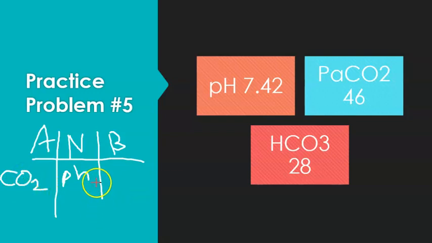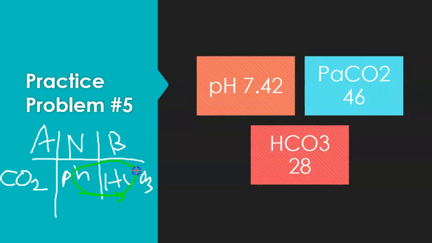And then our bicarb, or the HCO3, is 28, making it an alkalosis process. So again, because our pH is normal, we have to take a look at which side of the spectrum it falls on. And since it's above that 7.4, it pushes it over to the alkalotic side.